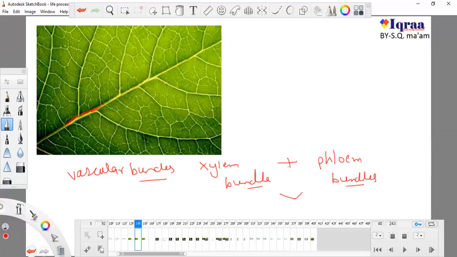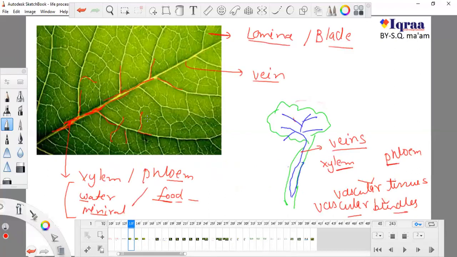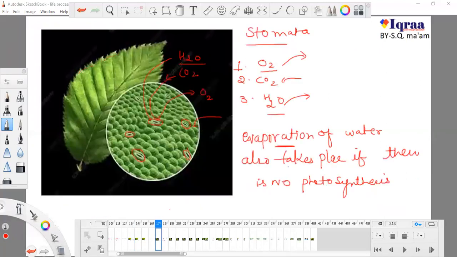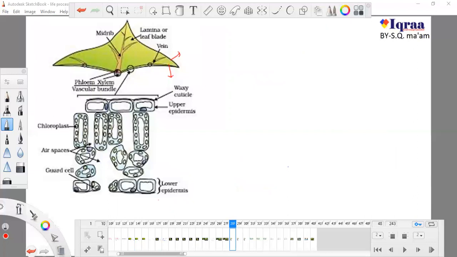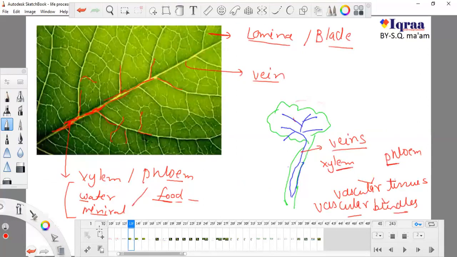Let's see this in our book. This is the diagram in our book. Now you can know that this part is known as lamina or leaf blade, and they are known as ribs.